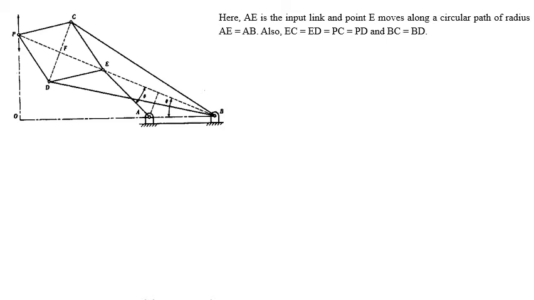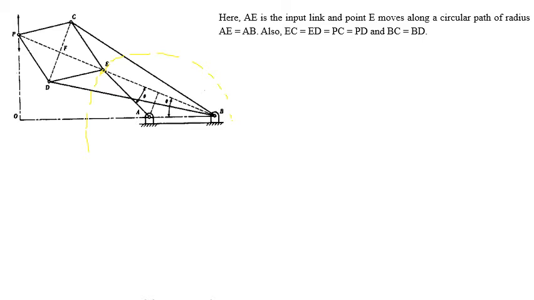The point E moves along the circular path, and its radius is AE, and the length of this link AE is always equal to the length of AB, the distance between the fixed points.